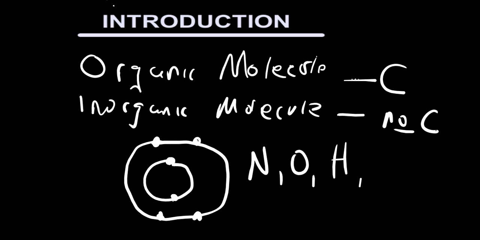Carbon can also bond to a fellow carbon. All these small molecules that we're talking about, like amino acids, sugars, fatty acids, and nucleotides, have a carbon backbone. But in addition to that carbon backbone, they have what we call functional groups.